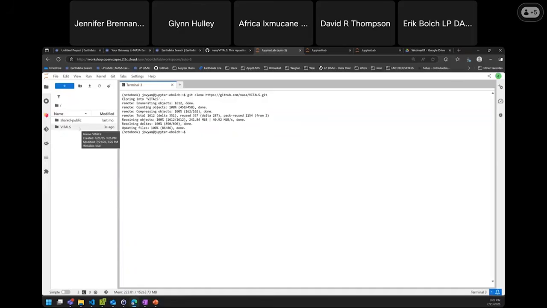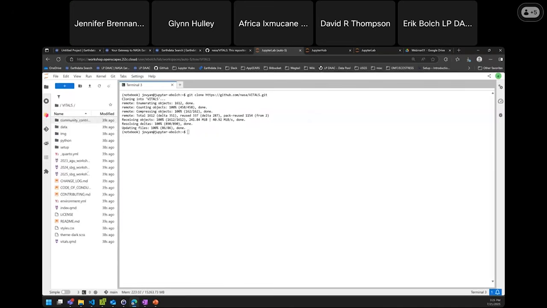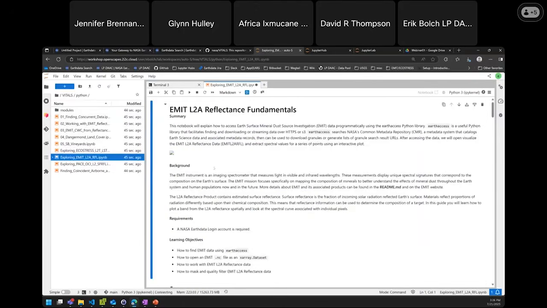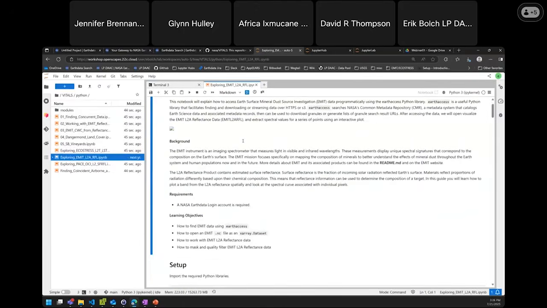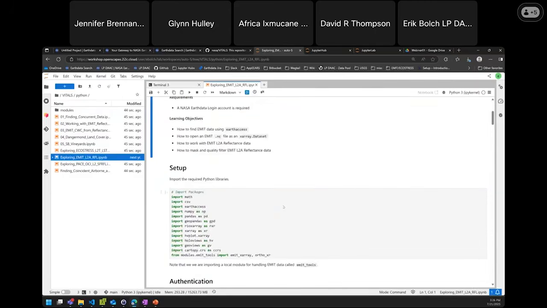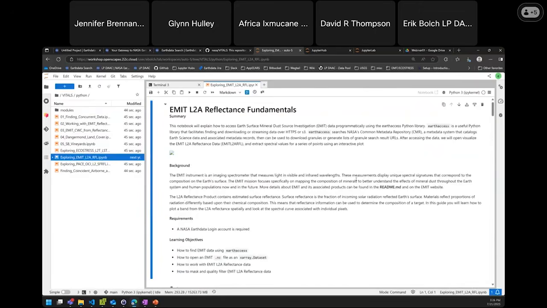So here, we can navigate into this repository that I downloaded, and we can go in the Python folder. There are a bunch of notebooks that we'll get into tomorrow, but we could open one of them, and then you'll be here where you can actually just run the notebook in this instance, and learn how to work with the data.